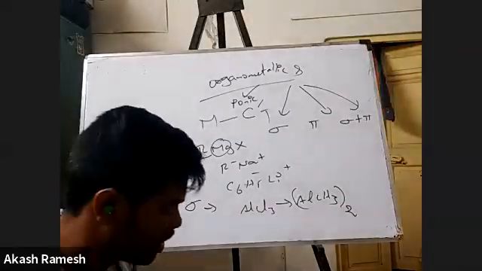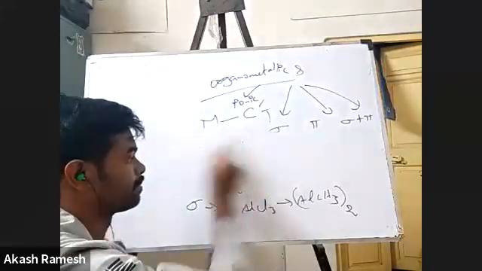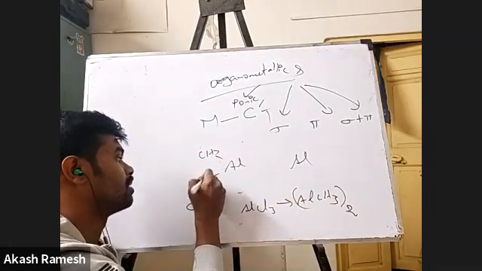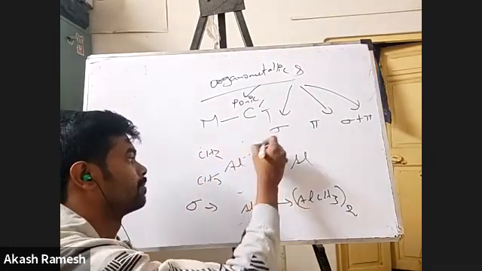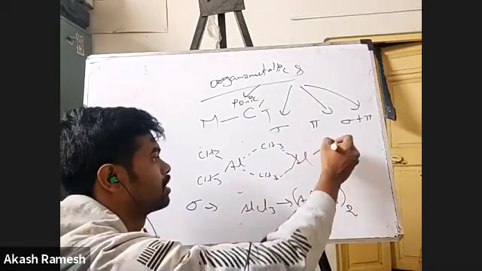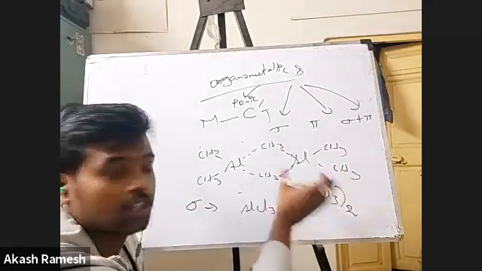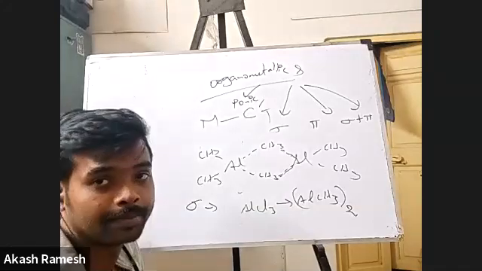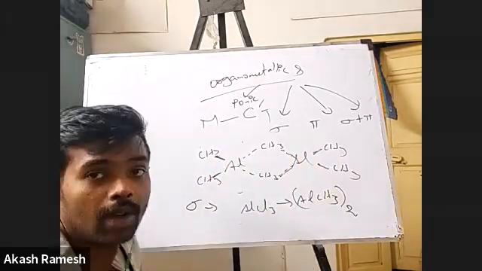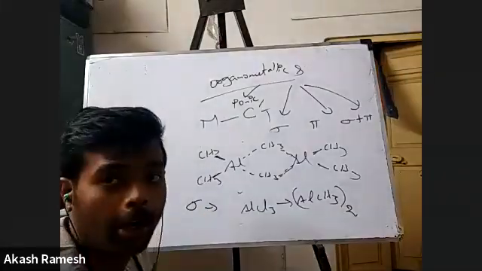So in the structure I'll have aluminium, another aluminium, and CH3 groups. The dotted lines indicate that two methyl groups are attached both to this aluminum and to that aluminum. What is important is that everywhere it is just sigma bonds. Those kinds of complexes come under sigma bonded organometallics.